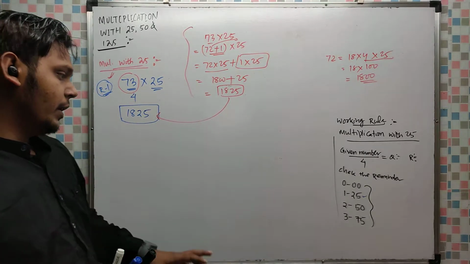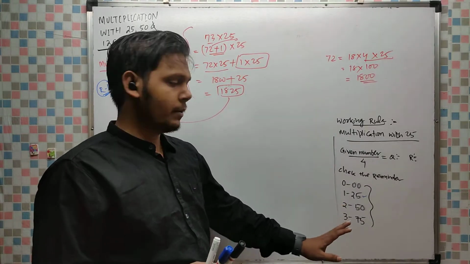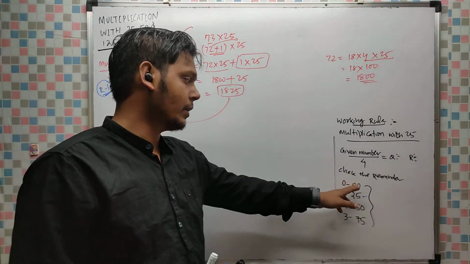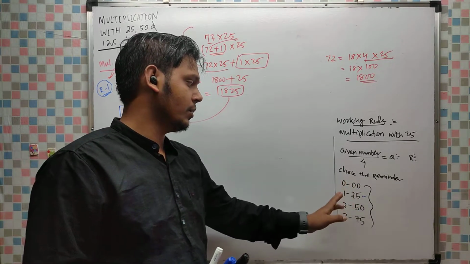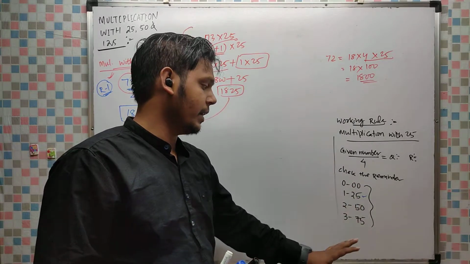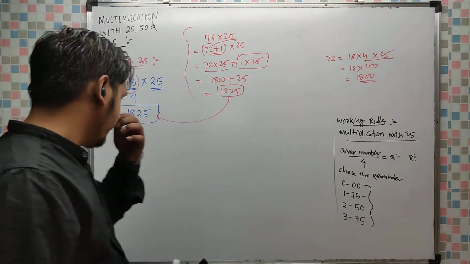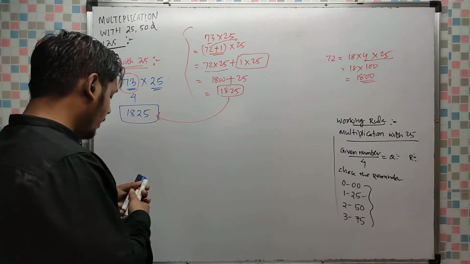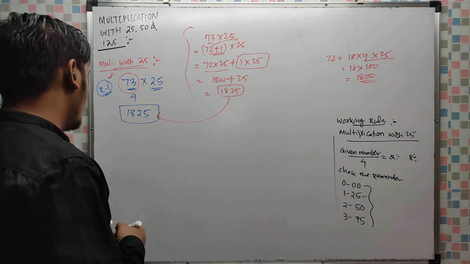Since we are dividing with 4, the possible remainders are 0, 1, 2, 3. The last two digits for 0 are 00, for 1 are 25, for 2 are 50, and for 3 are 75.